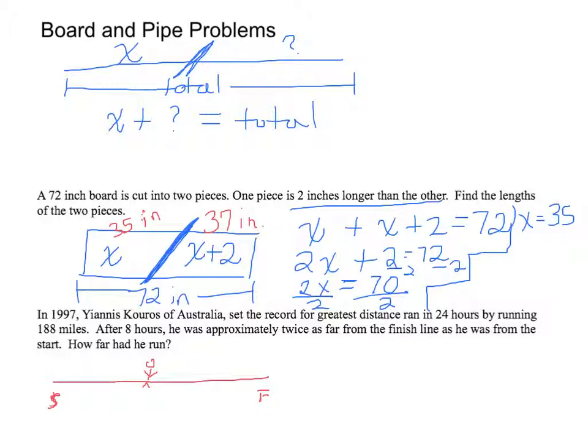So it says that he ran 188 miles. So from start to finish, it's 188 miles. And it says after 8 hours, he was approximately twice as far from the finish line as he was from the start. So if he's x miles away from the start, he is twice as far as that, so he's 2x miles away from the finish line.